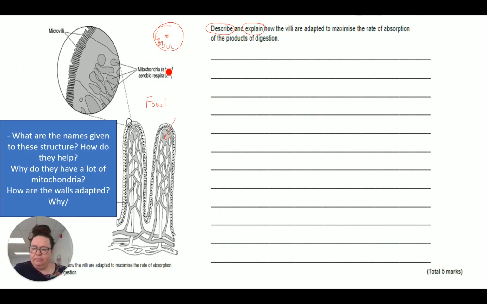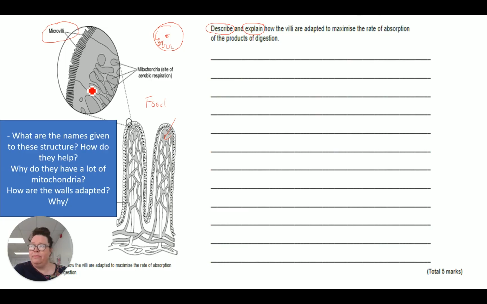All that means is, how are they adapted to make sure that enough of this food gets into our villi? So, the answer to every biology question: increase in surface area. But it's also giving you another clue here. Not only have we got the villi that increase surface area, we've also got these things called microvilli. That's given us an extra clue of what they want. The reason we've got microvilli is to further increase the surface area.